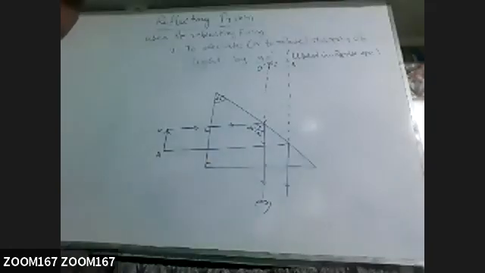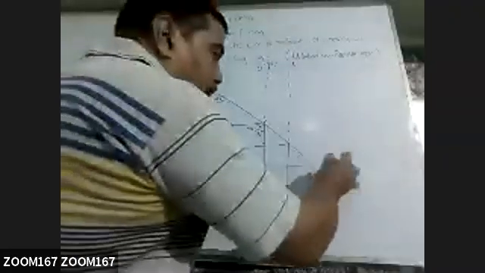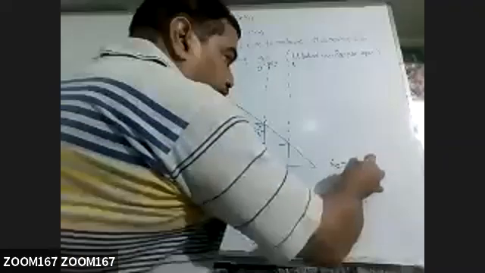Board is clear or not? Yes, sir. Understood? The angle of incidence is 45 degrees, and we know the critical angle for glass is 42 degrees.